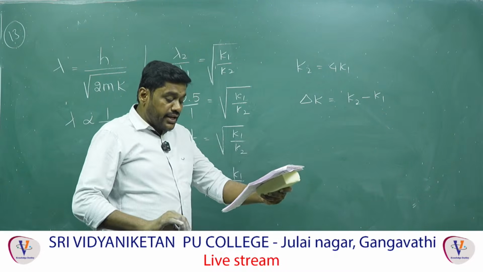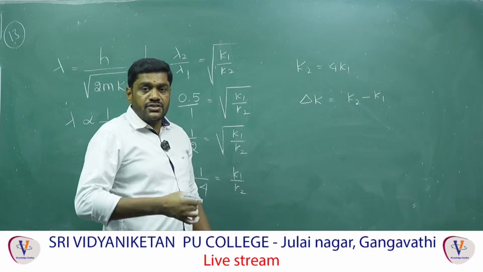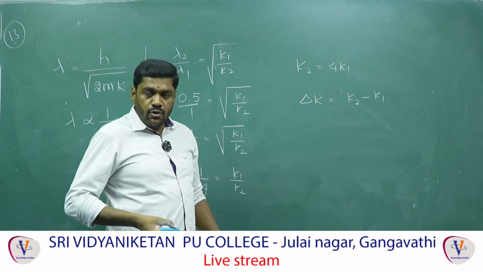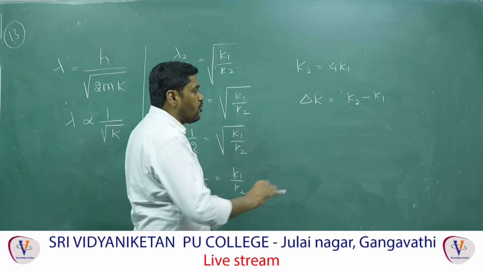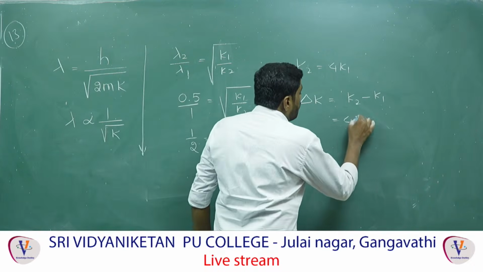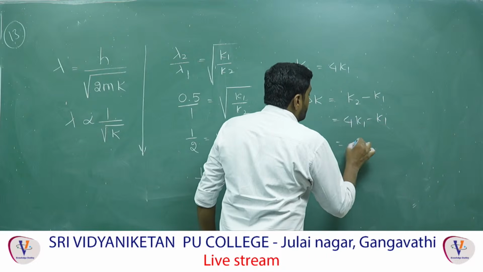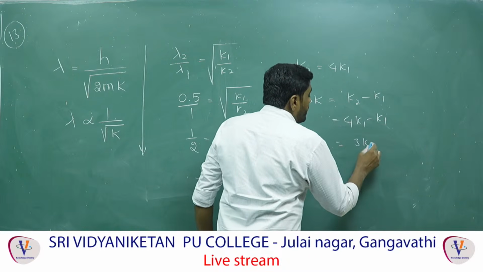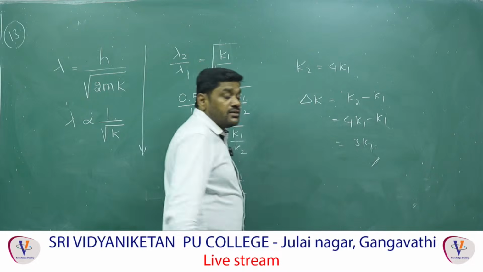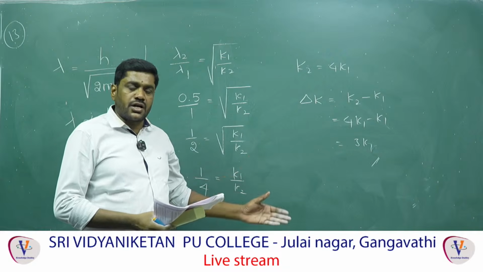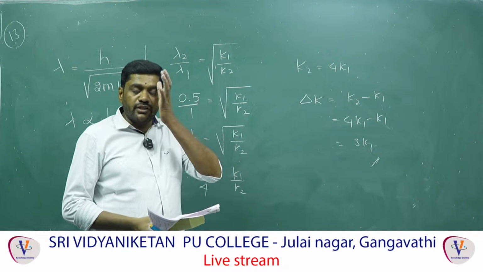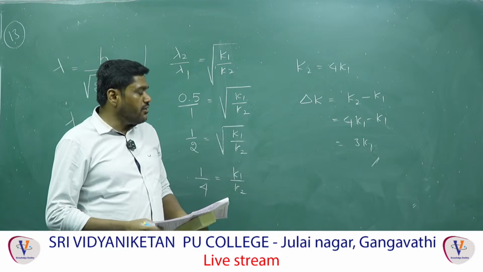In the question, the words added, removed, extra are all indicating change. Therefore, 4K1 minus K1 is equal to 3K1. This is the additional energy we have to give to the electron so that the de Broglie wavelength becomes half of the initial value.